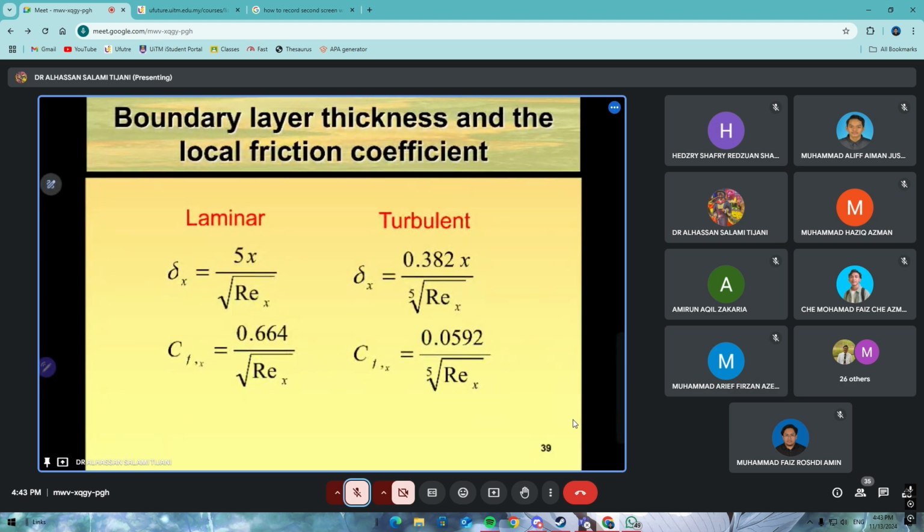For every laminar flow, there is an appropriate equation for the velocity boundary layer, which is given by this. Similarly, for a turbulent flow, the velocity boundary layer is given by this. So whenever you have a question where the fluid is turbulent and you are asked to determine the velocity boundary layer, you need to use this equation. The same thing applies to the skin friction coefficient.